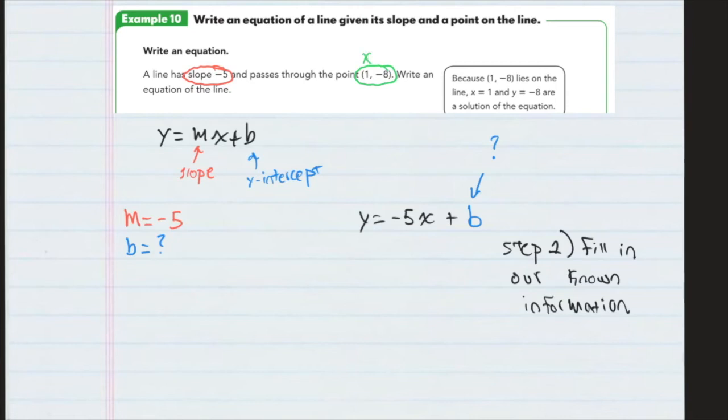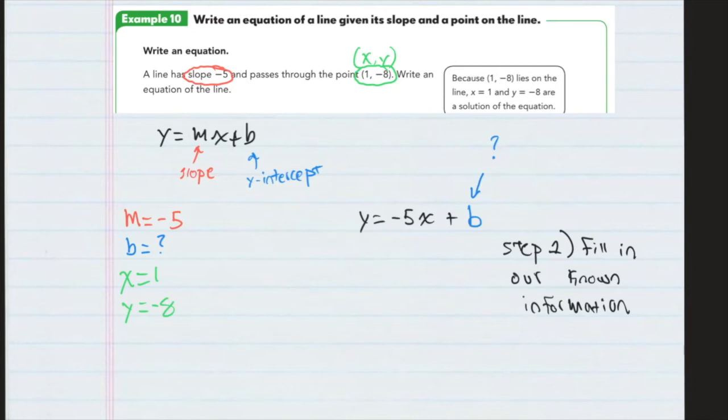So x is going to be 1 and y is going to be -8 because this is an xy coordinate. So this point must lie on the line that I'm about to draw. So let's fill in our information.